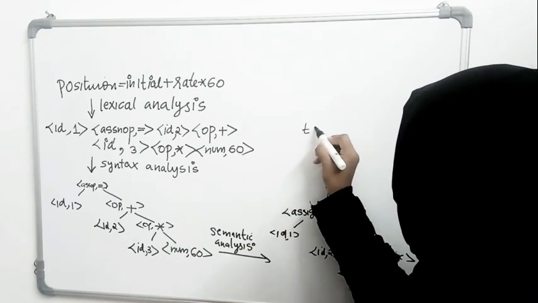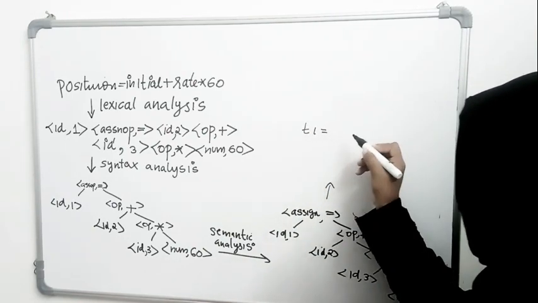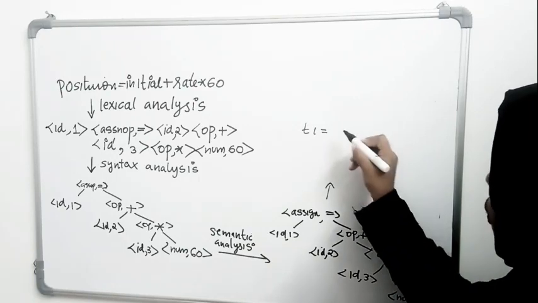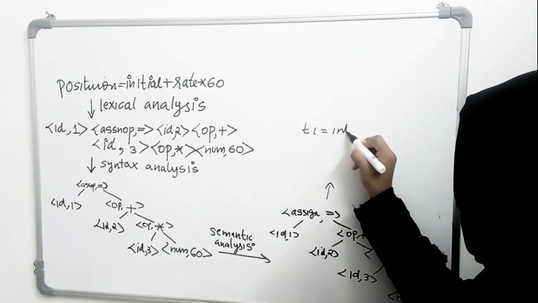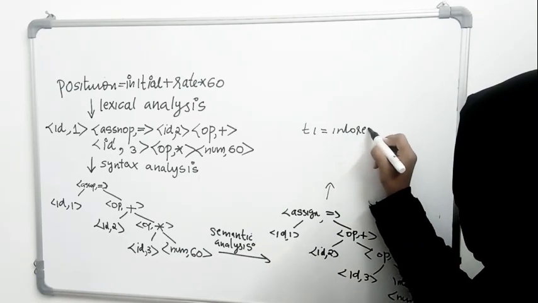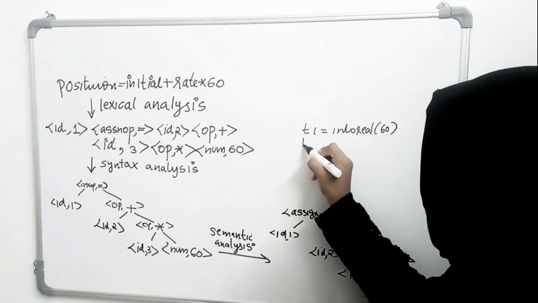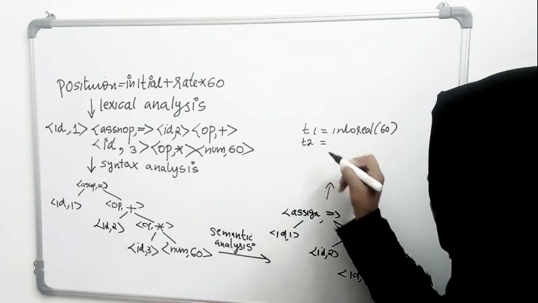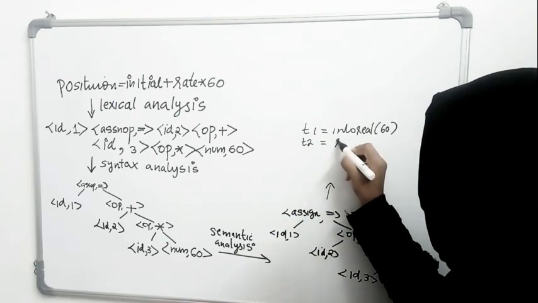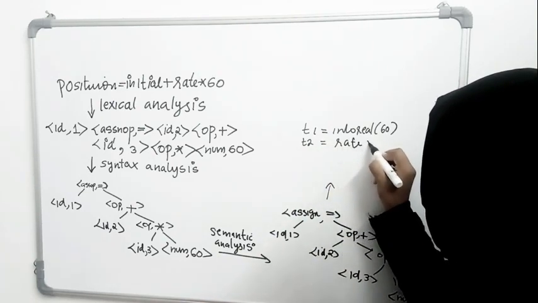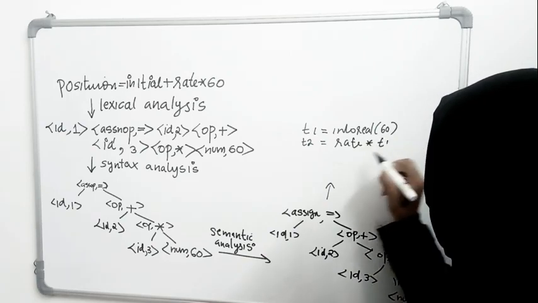So we'll create a temporary variable t1 and we'll convert 60 into a floating point number first. So t1 = into real of 60. Now we will create a temporary variable t2 and we will multiply rate into t1.